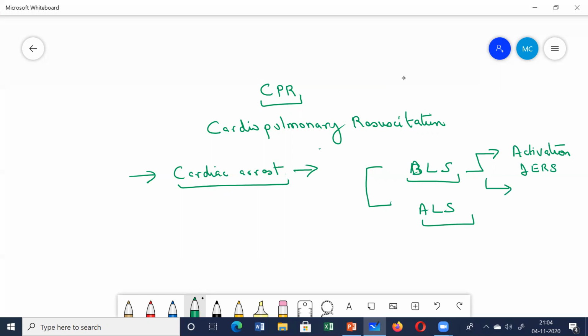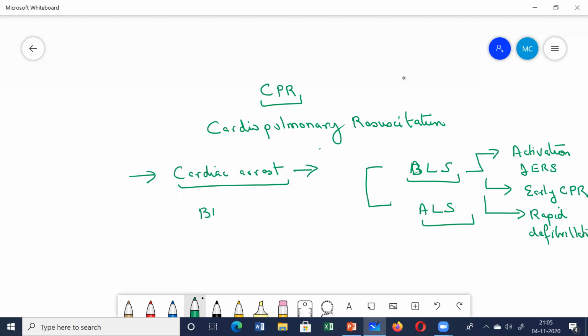The second step of BLS is early CPR, early cardiopulmonary resuscitation. And the third step is rapid defibrillation. These are the first three BLS links in the adult chain of survival. Next, ALS I'll discuss after discussing BLS.